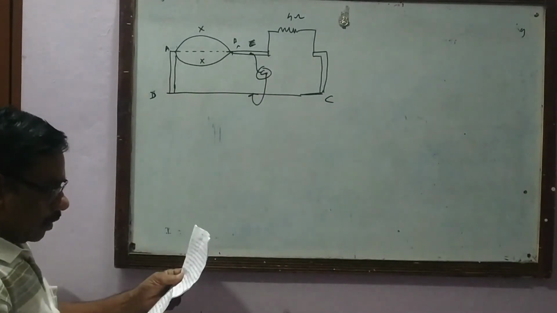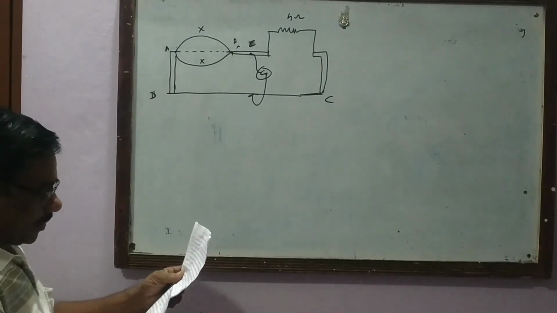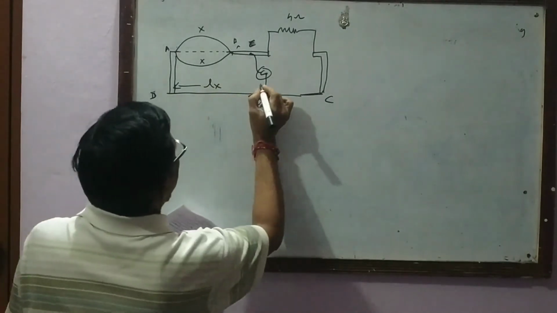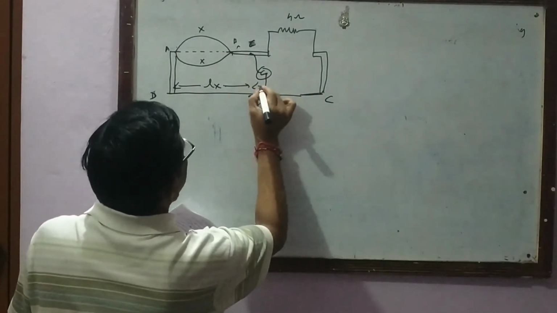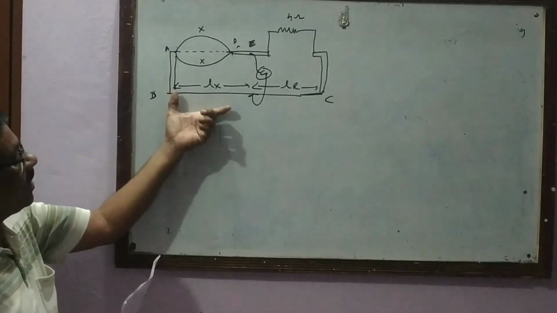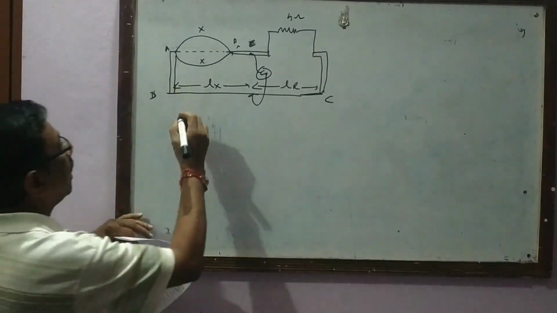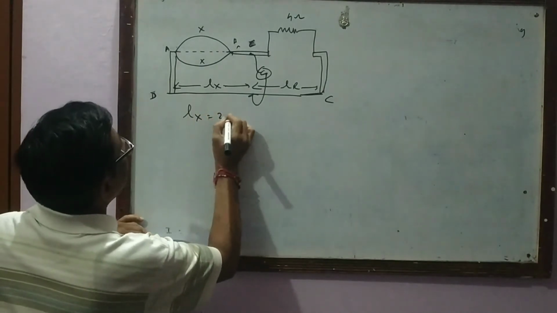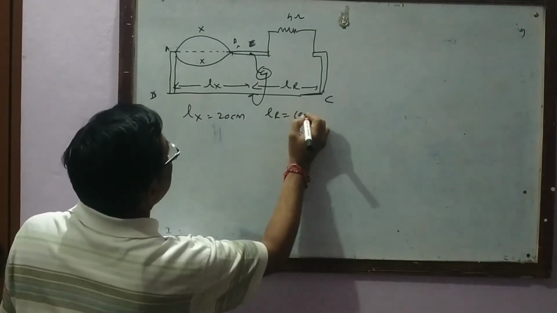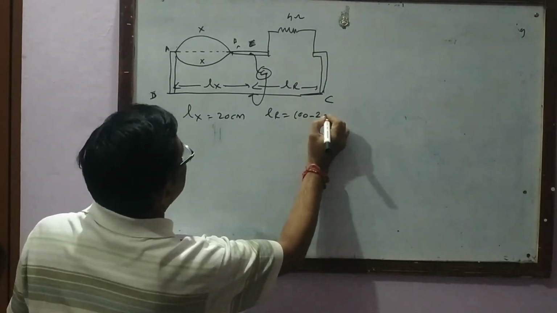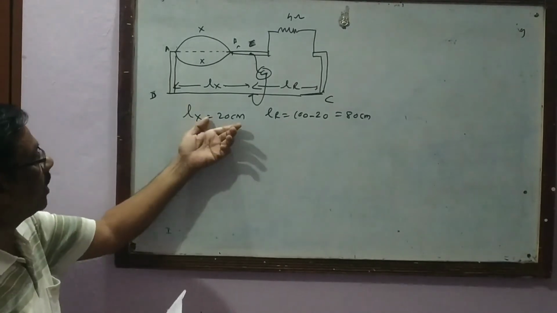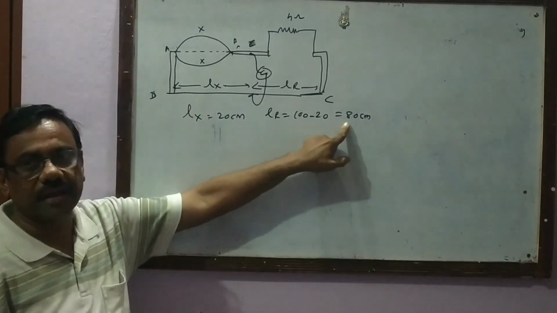Here the null point is obtained at 20 cm from the left end. Therefore this distance is say Lx, and this distance is say Lr. The null point is obtained 20 centimeter from the left end, means Lx is equal to 20 centimeter, and the remaining Lr is equal to 100 minus 20, that is 80 centimeter.